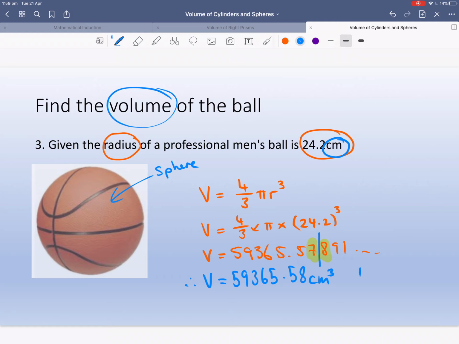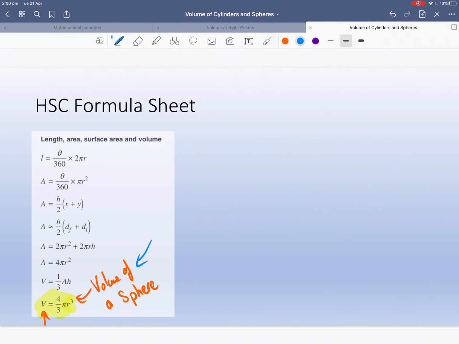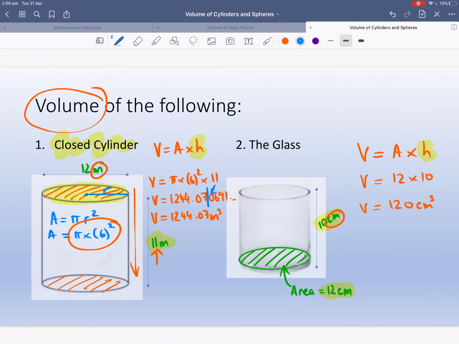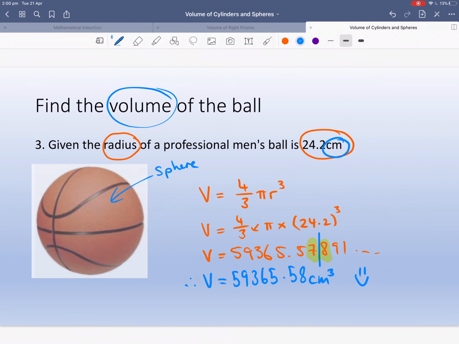We can be really happy with ourselves. Be really careful with a sphere. It's given to you in your formula sheet, but you need to know what it is. We need to remember that that's the volume of a sphere. Anyway, that's it. Peace out.